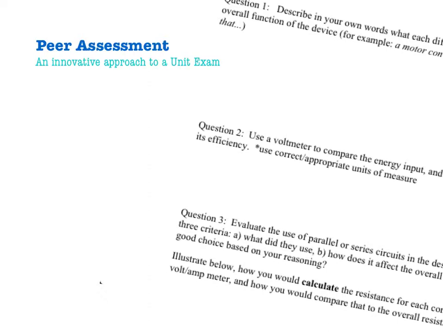But what was neat is after they're finished working on their own, they're asked to go around and look at another and reverse engineer it. Watch their presentation, summarize what was going on, actually test that the numbers are in fact what the people in the presentations are quoting, and they're assessing their peers.